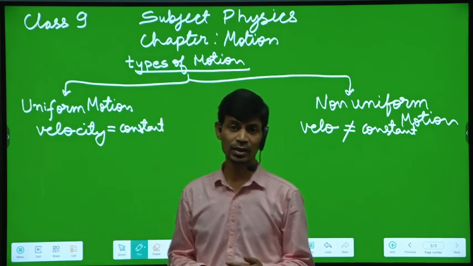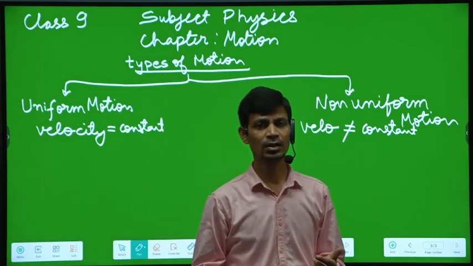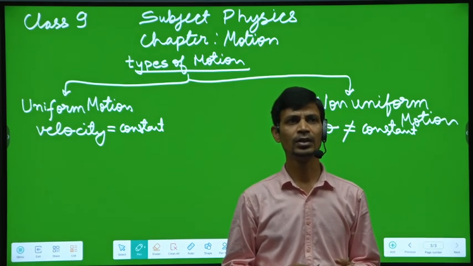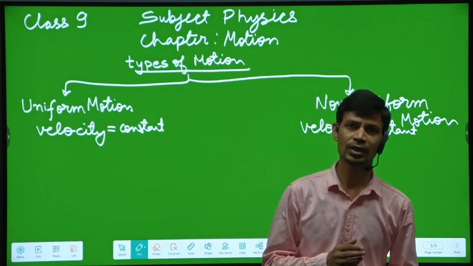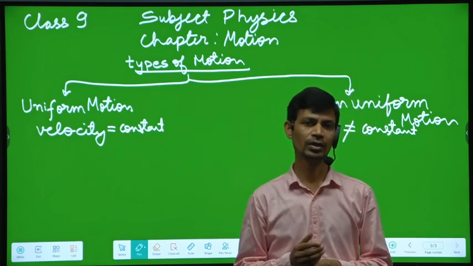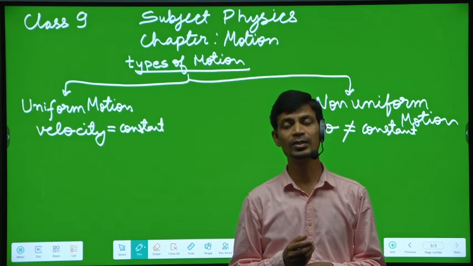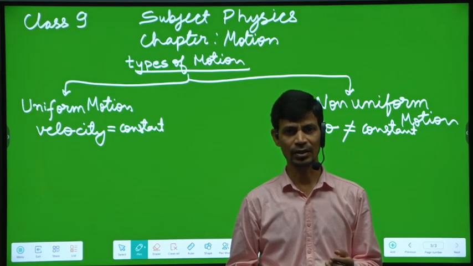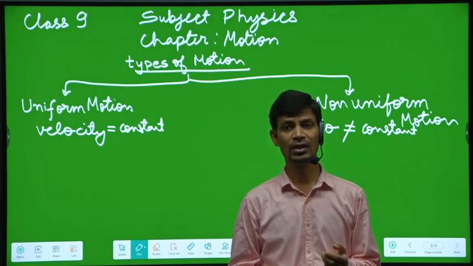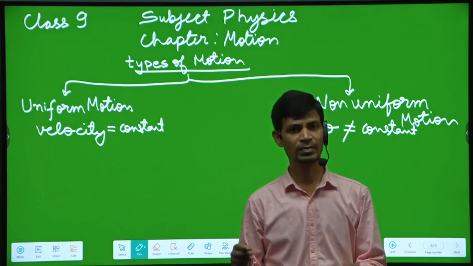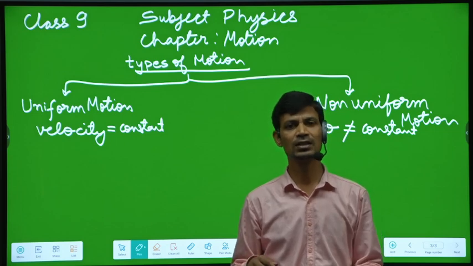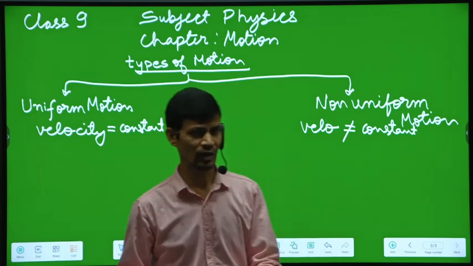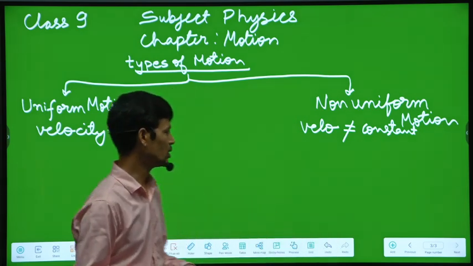Most of the time in NCERT books also there are some questions in which they will say that an object traveled a distance so and so, and they are not mentioning in which path the object is moving. Then you have to assume that it is a straight path, and then you have to say that okay, now we are interested in displacement, so consider that distance as displacement and consider that speed as velocity. So be careful about this.